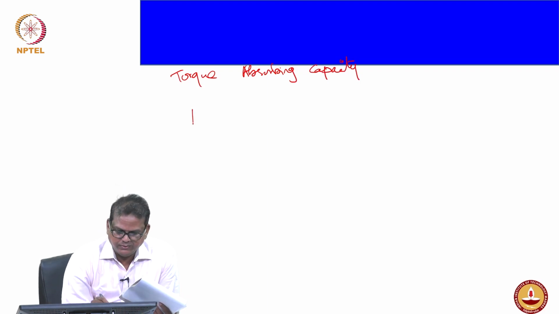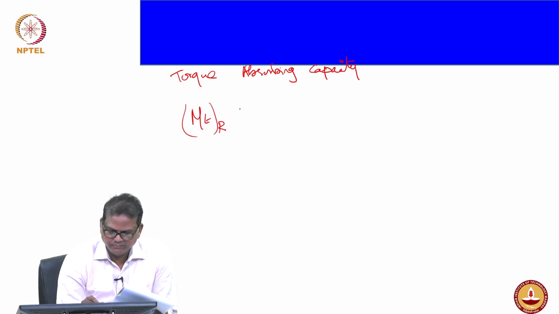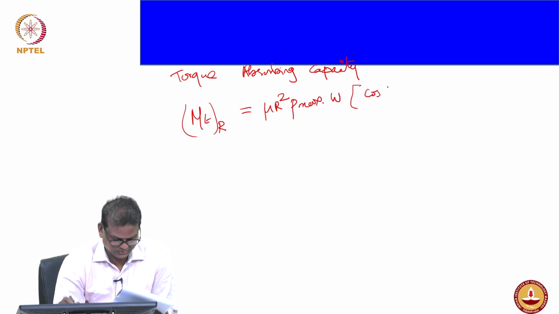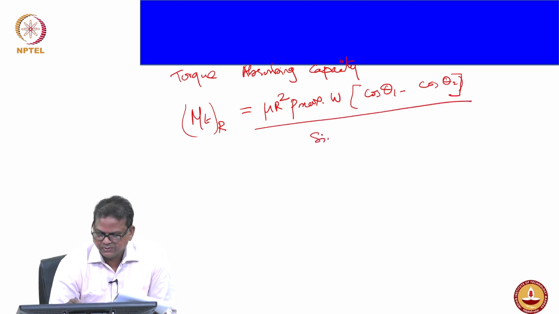With respect to MT on the right side, which is the leading one, equal to mu r square P max W, cos theta 1 minus cos theta 2, divided by sin theta max.